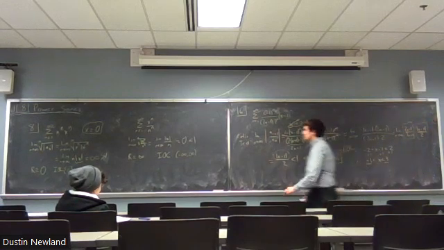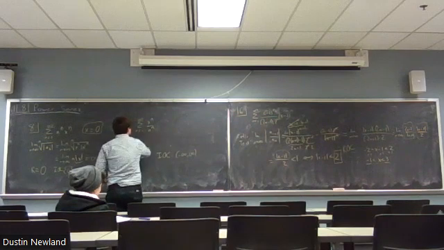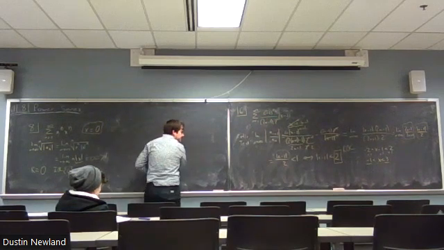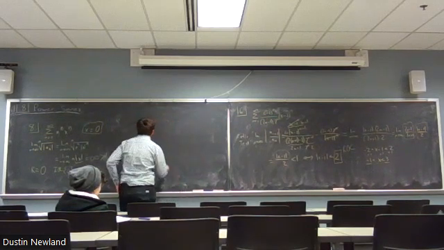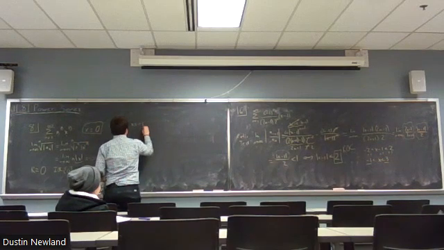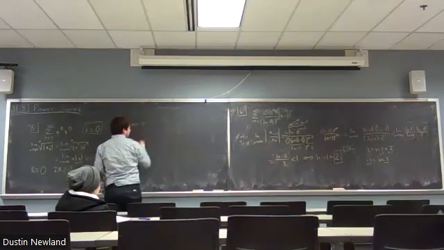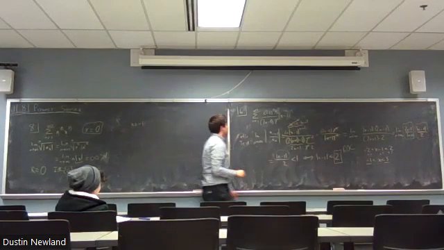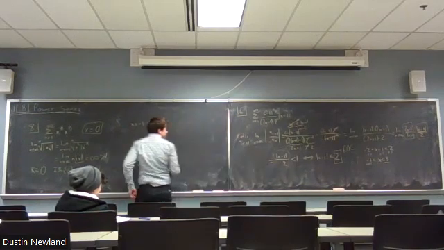I'll make some quick room over here on the side of the board. We're going to test -1 and we're going to test 3. So if I take -1 and I plug it in, what is my series going to be?